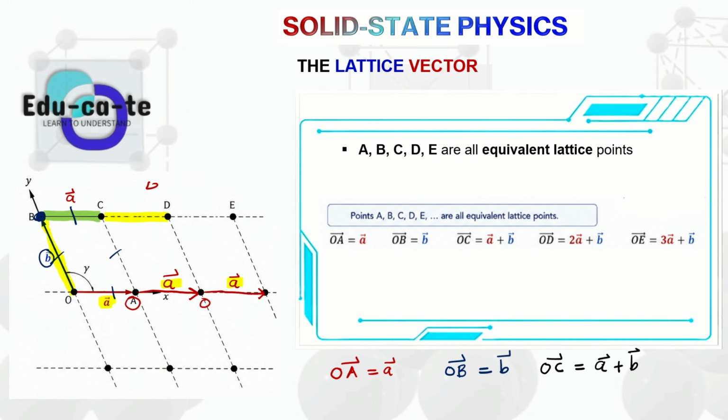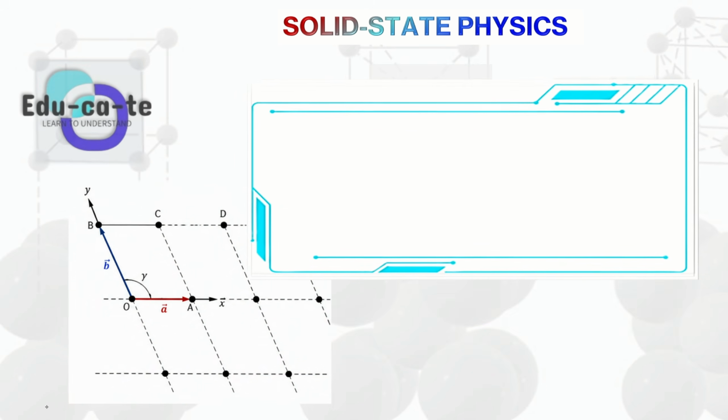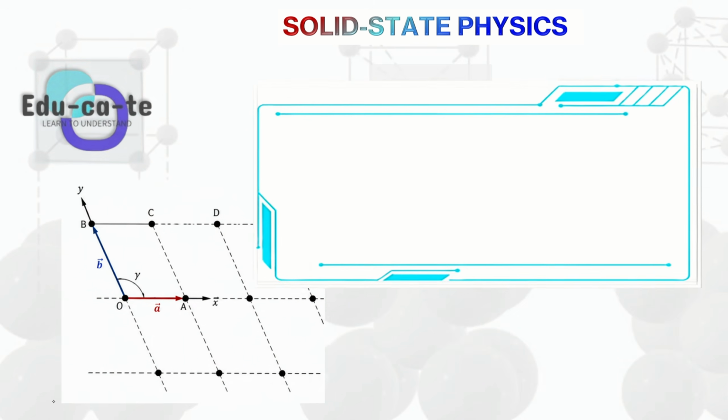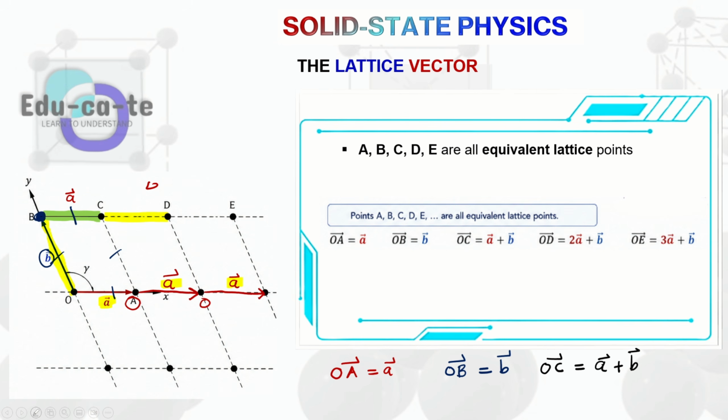So even if I want to move along the y-axis, I can do the same thing. Let me just go back here. To move along the y-axis between two points in a lattice, I have to move this vector B, this blue vector B. So for me to move from point O to this point here, I have to move the vector B, but in the negative direction. And for me to move along these other ways, I have to move vector A here.